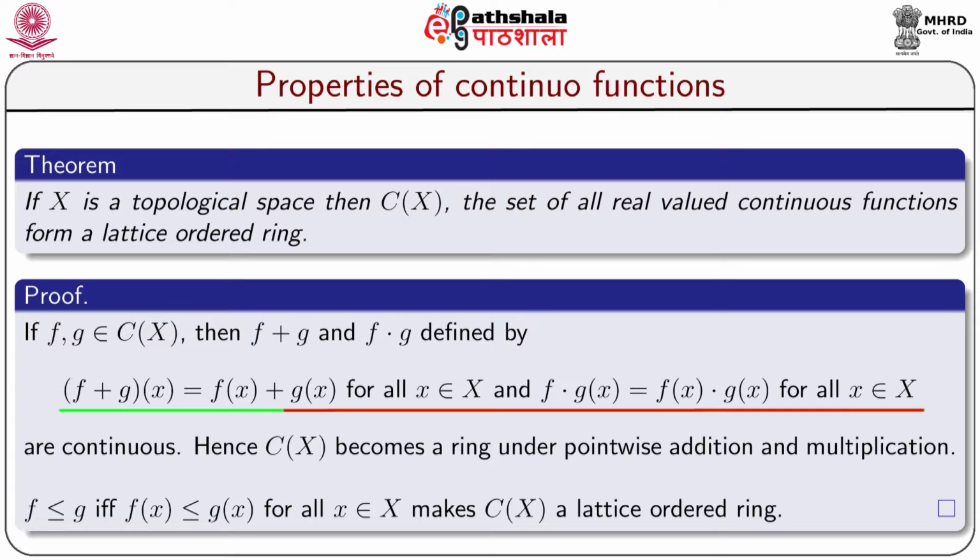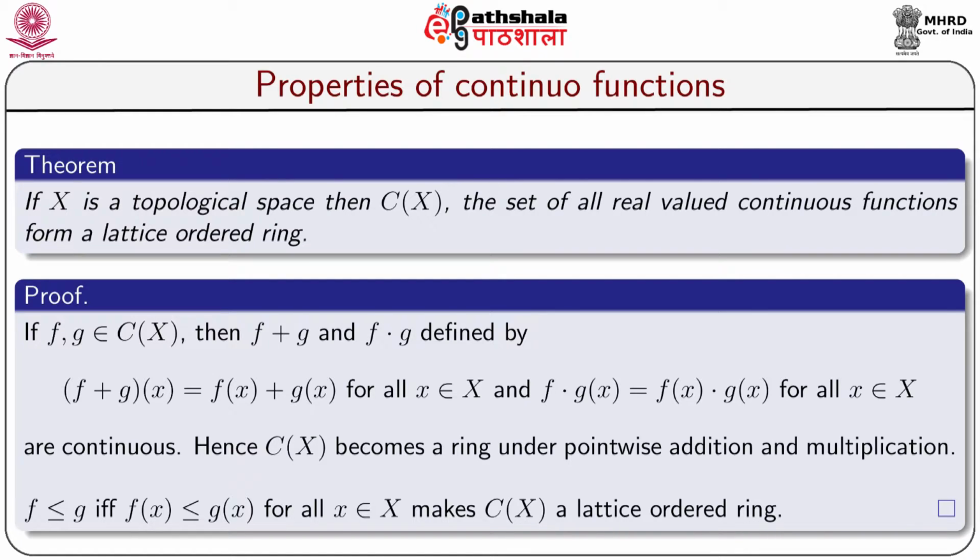to f(x) plus g(x) for all x belonging to X, and (f dot g)(x) is equal to f(x) dot g(x) for all x belonging to X. It can be easily proved that these new mappings f plus g and f dot g are continuous, and under these two operations, addition and multiplication, C(X) becomes a ring.